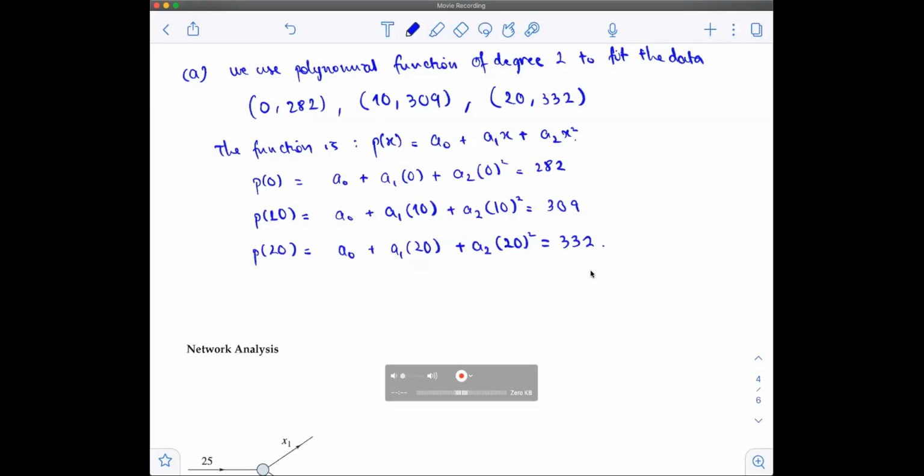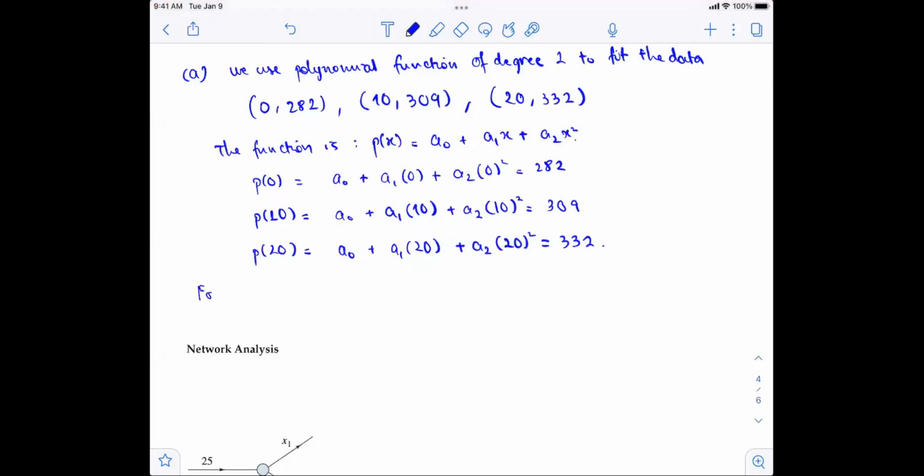From Python, we get that A0 is equal to 282, A1 is equal to 29 over 10, and A2 is equal to negative 1 over 50.